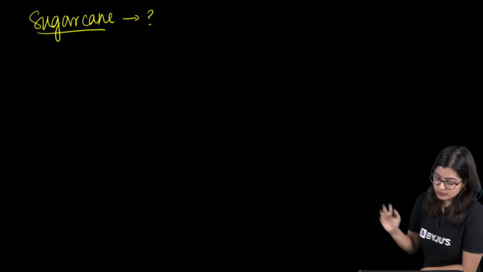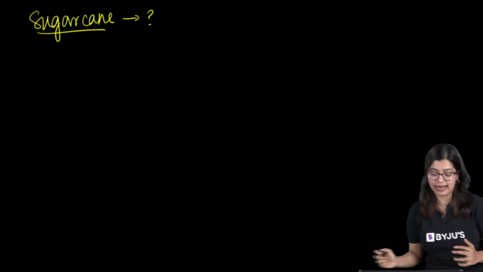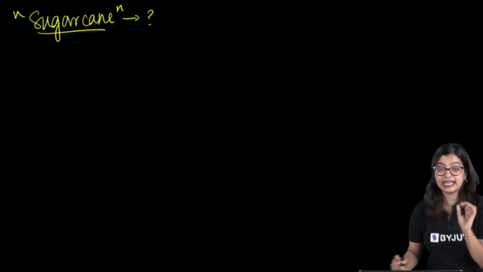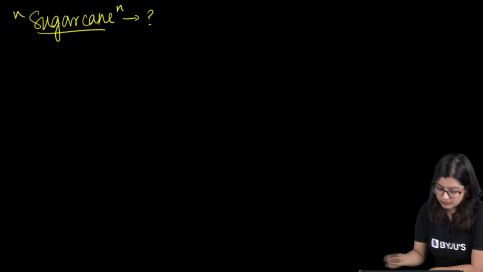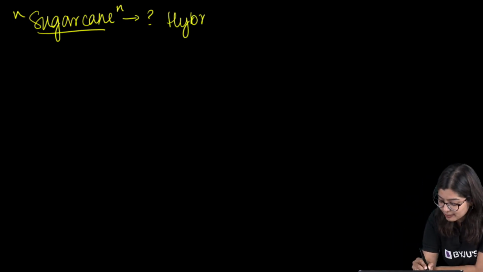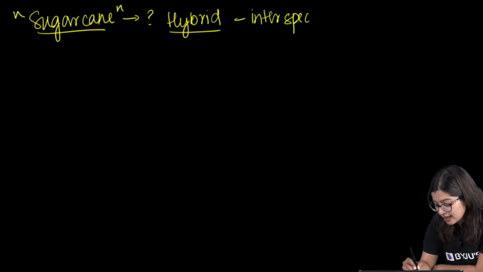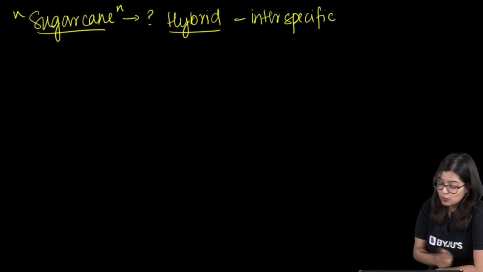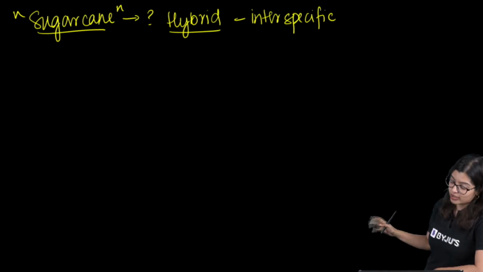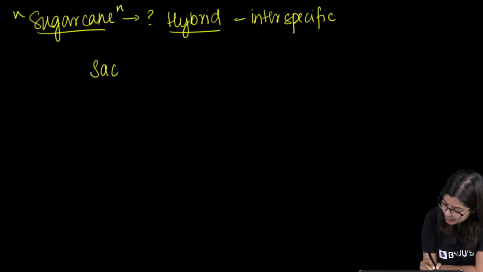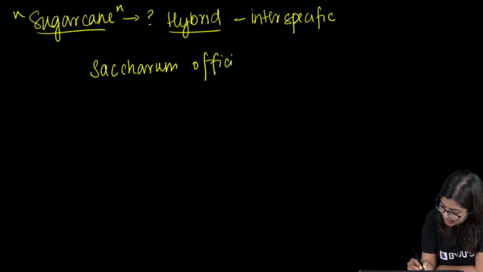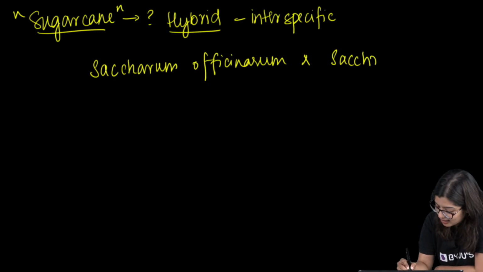The sugarcane plant that we see right now is actually a hybrid variety, and it is an example of an interspecific hybrid, which means that the sugarcane that we see is a cross between Saccharum officinarum and Saccharum spontaneum.